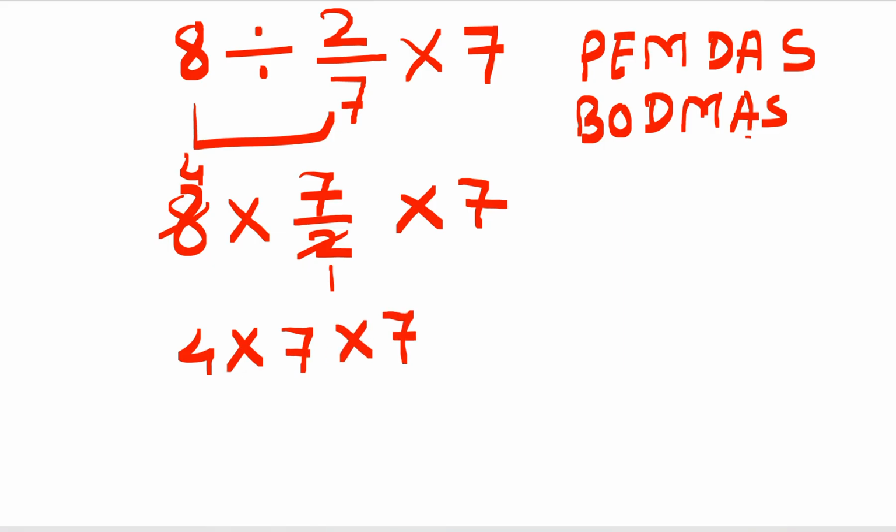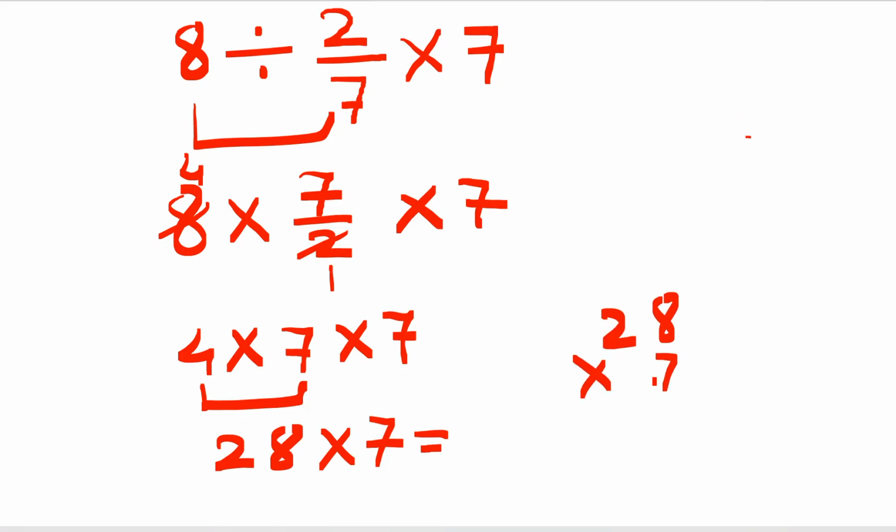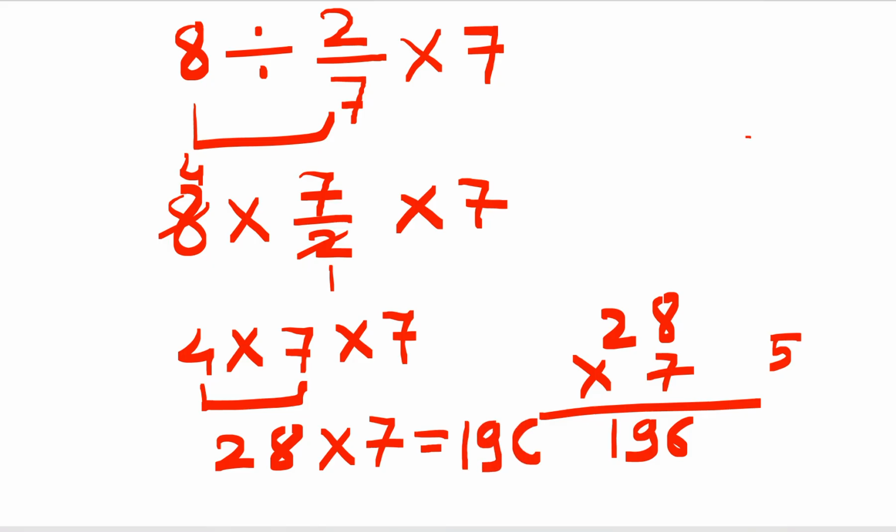So 4 7s are 28 into 7, and 28 into 7 is equal to 7 8s are 56, 6 5, and 7 2s are 14, 14 plus 5 is 19, the final answer is 196. This expression's final answer is 196.